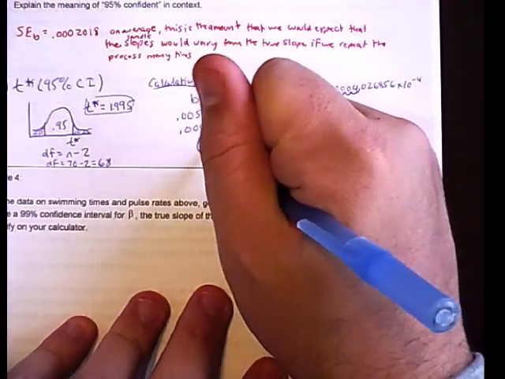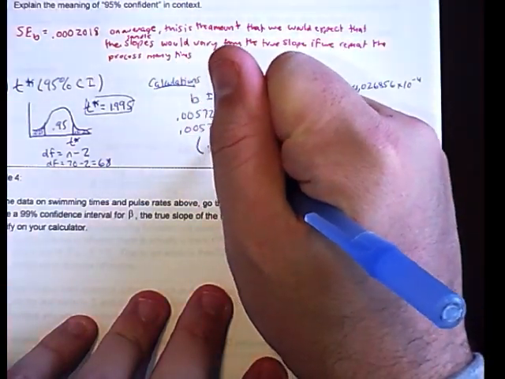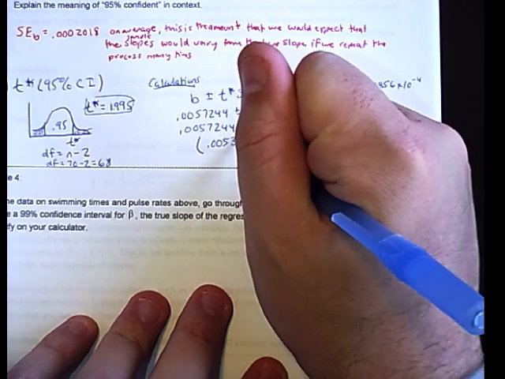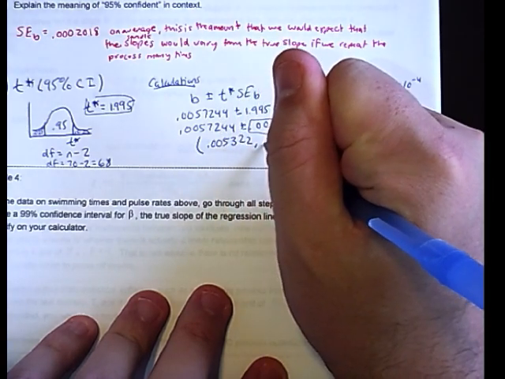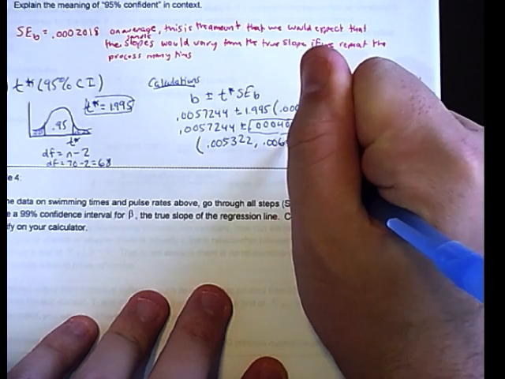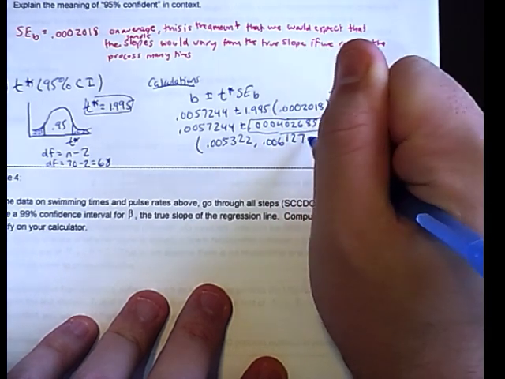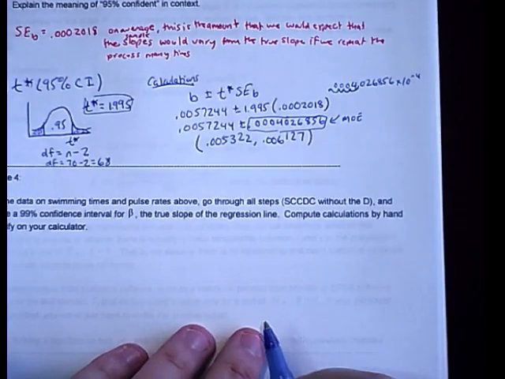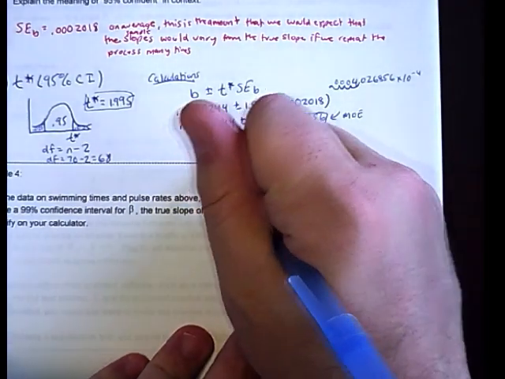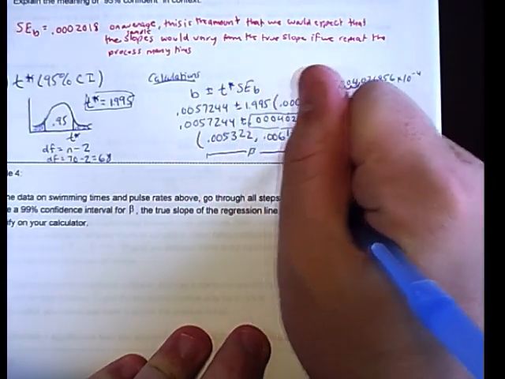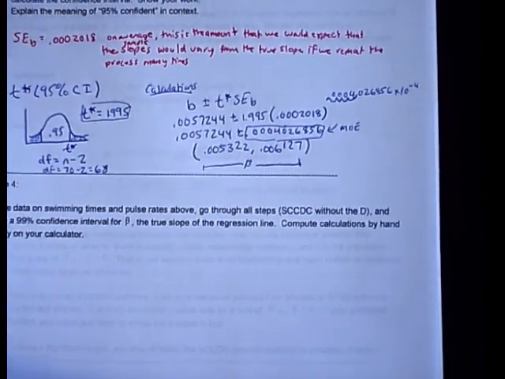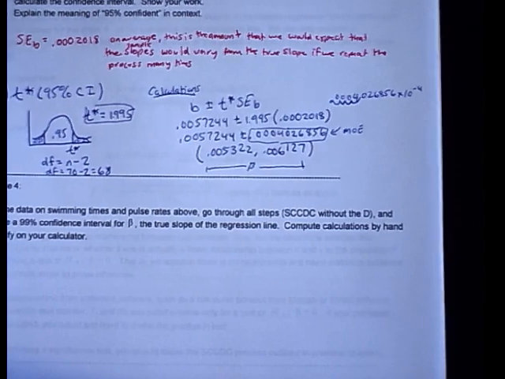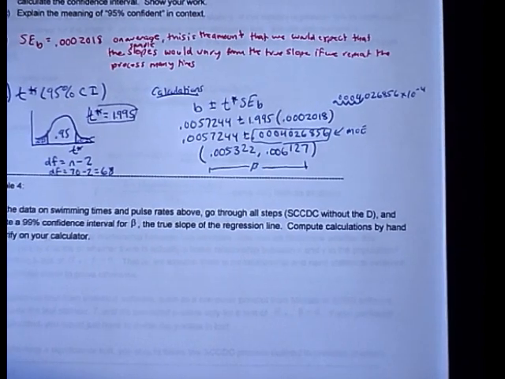So my interval is somewhere between 0.005322 all the way up to 0.006127. Four significant figures there I'm just going to use. So what does that mean? That means I'm 95% confident that the true slope falls between those two values.